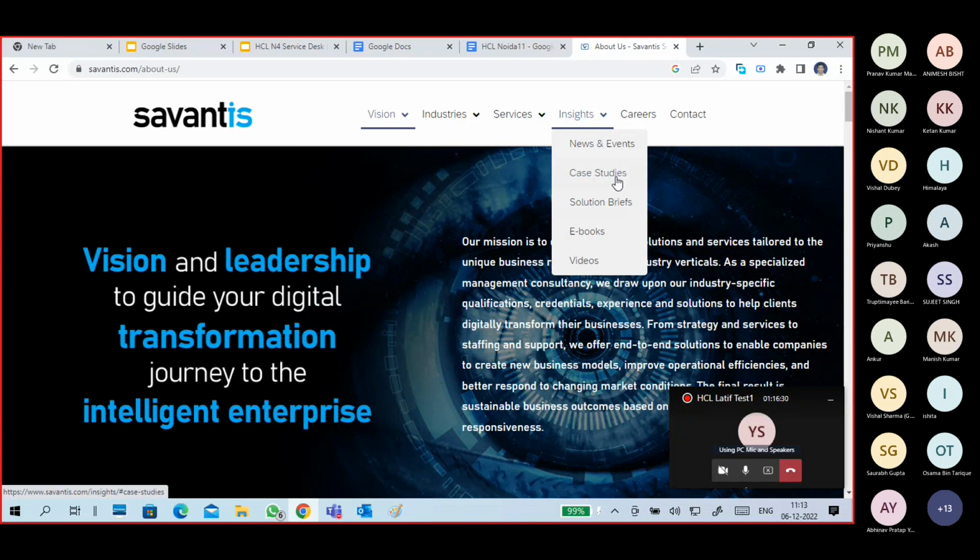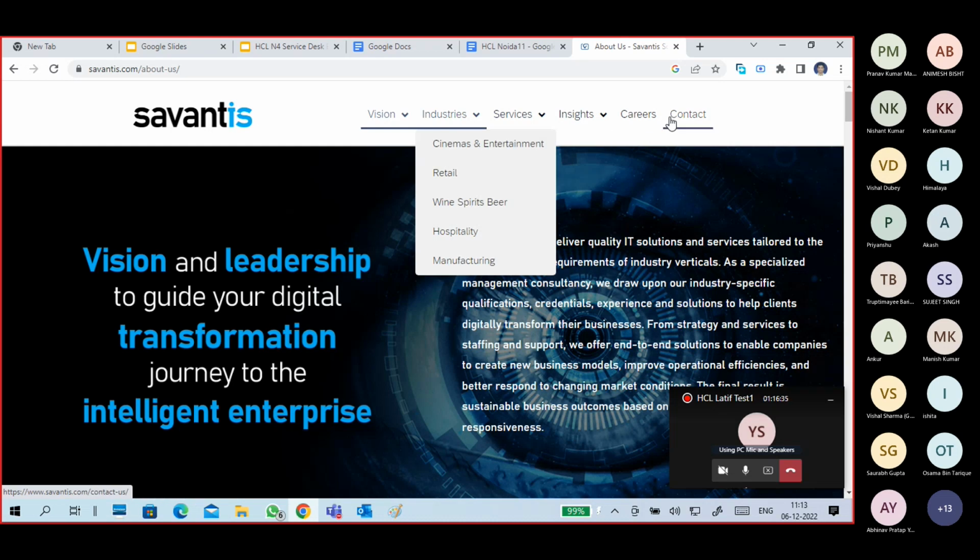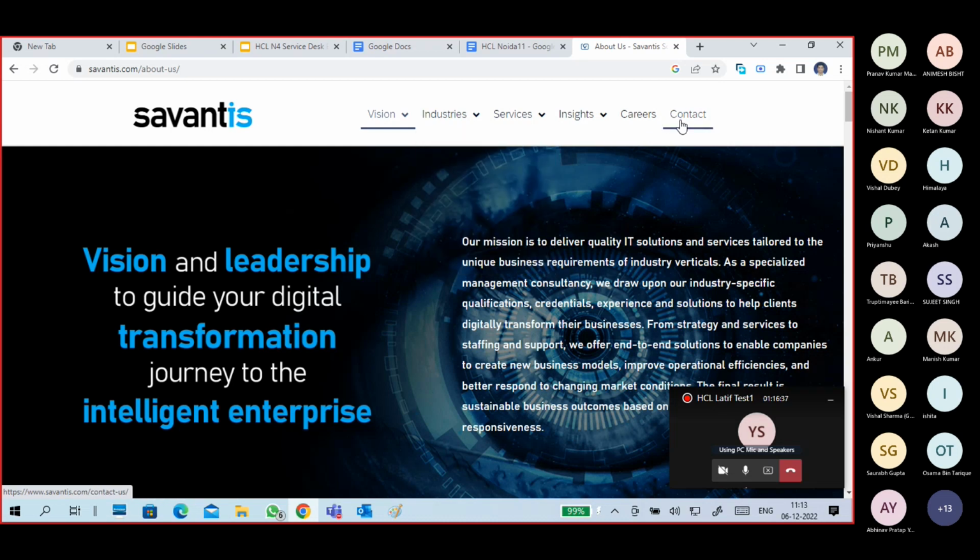Ebooks are also there, with the services and customers list, but now it is not showing that.